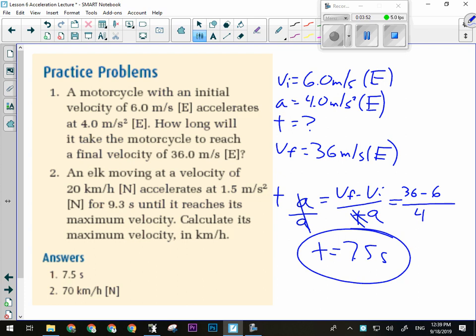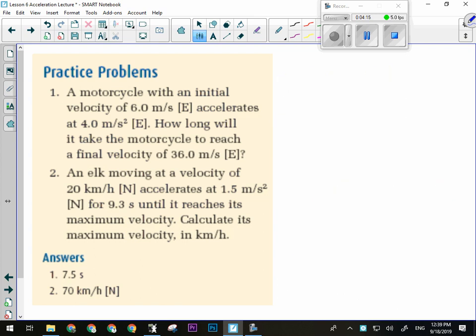Now, for question number 2, the point of question number 2 is to illustrate to you that whenever you perform a calculation, your units for the same measurements need to match. In question number 2, they're telling me the velocities in kilometers per hour. So in that velocity, the units for time are hours.